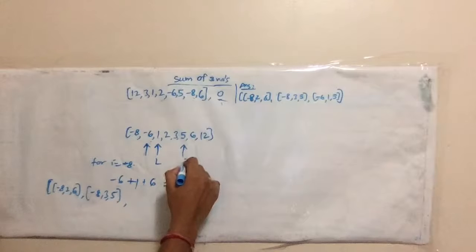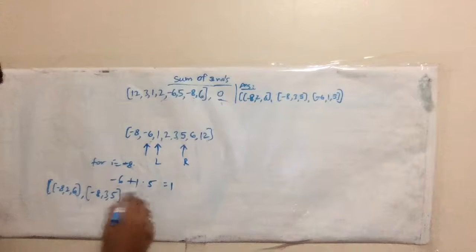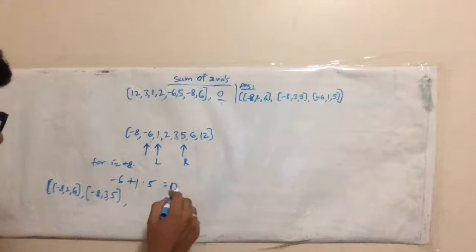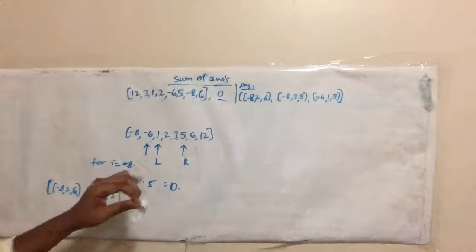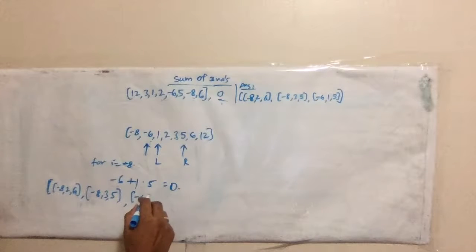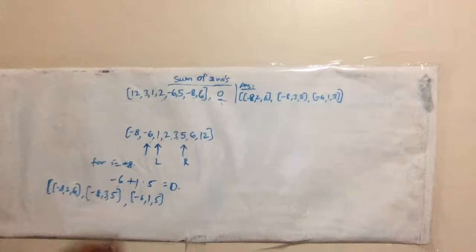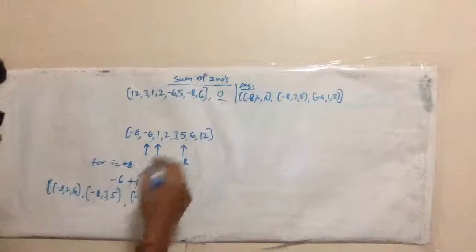So move this right pointer. Now it is becoming minus 6 plus 6, which is 0, which is the target sum. So we found one more combination with minus 6, 1, 5. Okay, so we can still reduce.